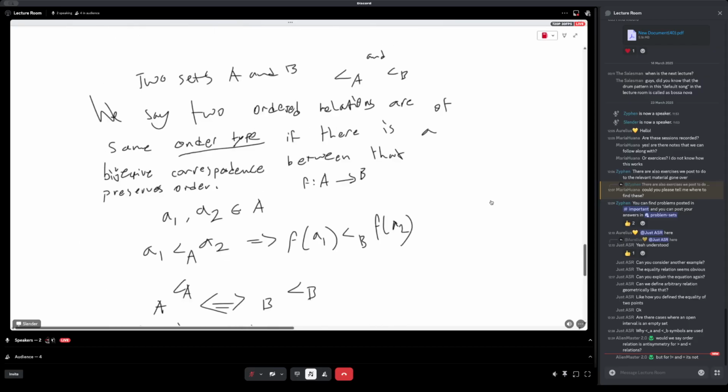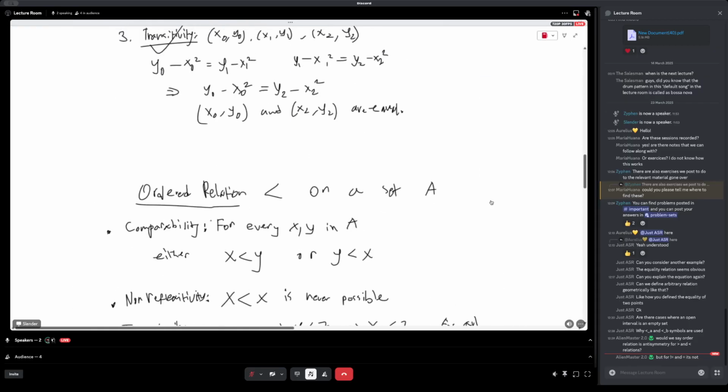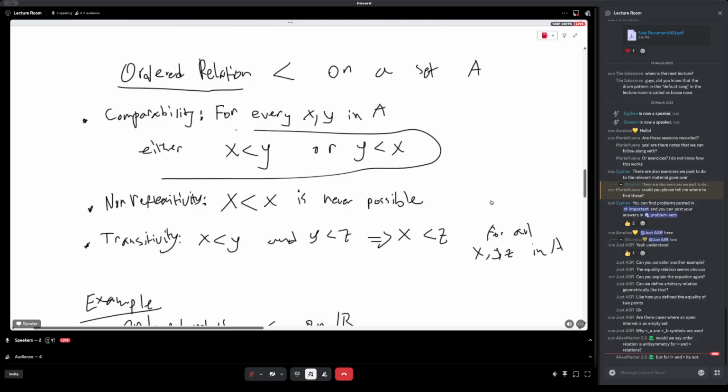As I said before, if it doesn't satisfy this comparability, then you can also write x is greater than y here instead of using this symbol.